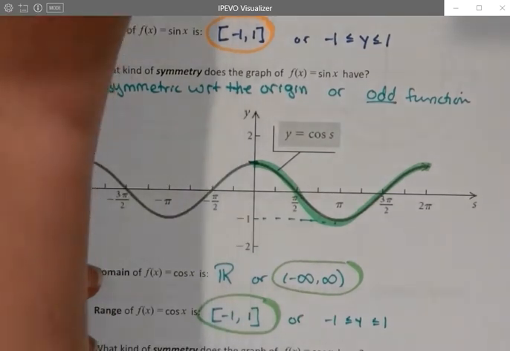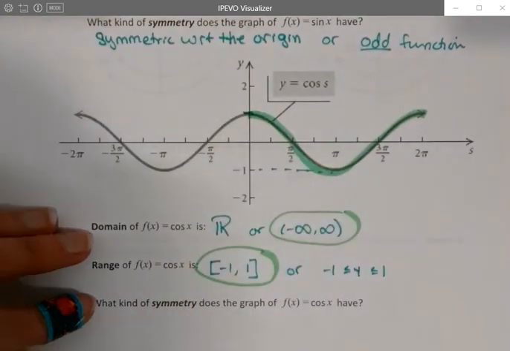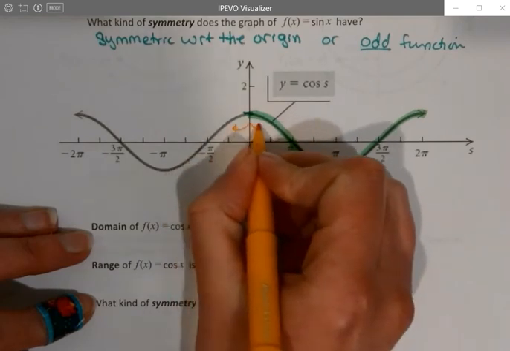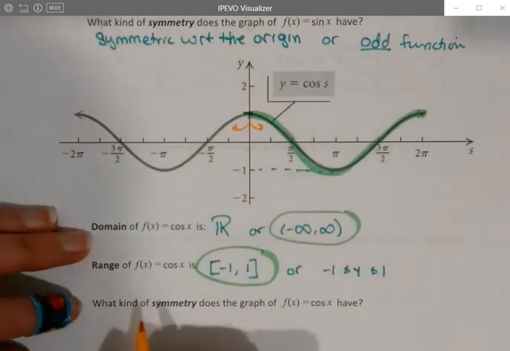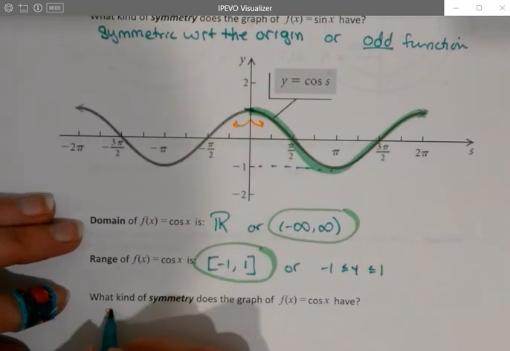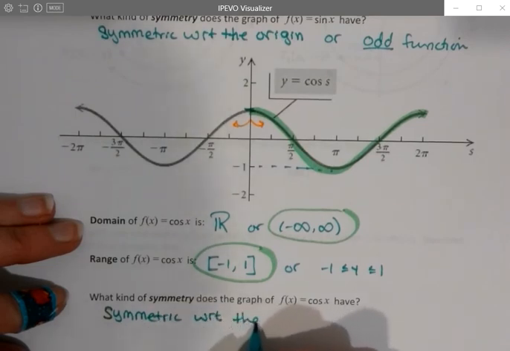What about symmetry? All right, so this one has the same thing going on both sides of the y-axis. So it is symmetric with respect to the y-axis.